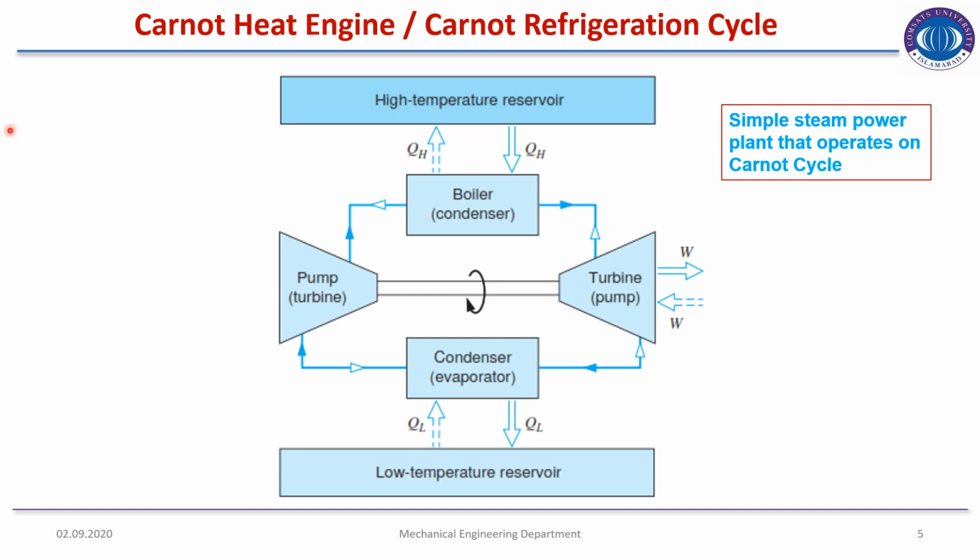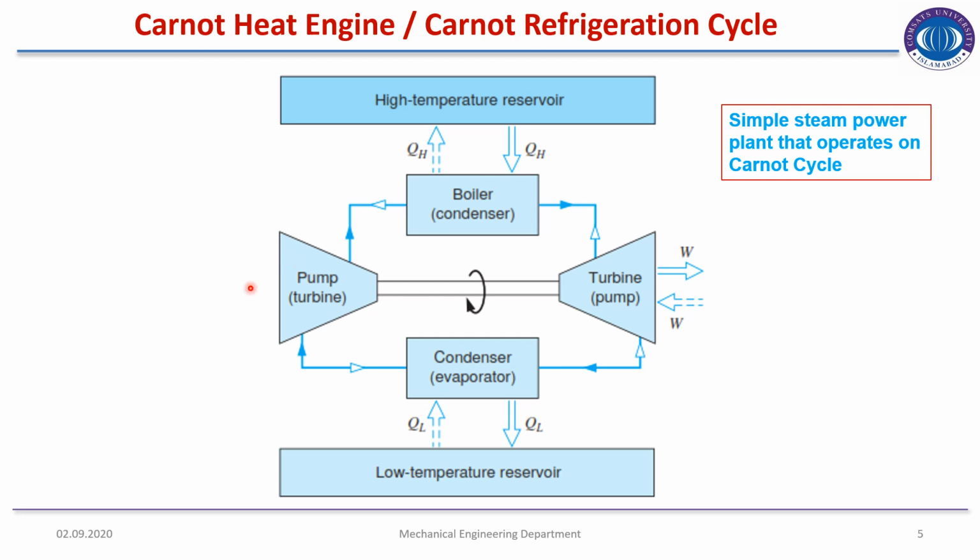As you can see, some lines are solid and some are dotted arrows, with arrows in both directions. As you know, the Carnot heat engine operates on a reversible cycle, therefore this process can happen in a clockwise as well as an anti-clockwise manner.